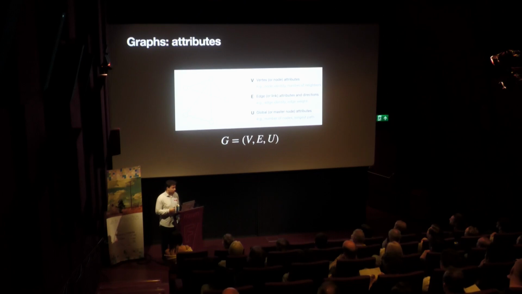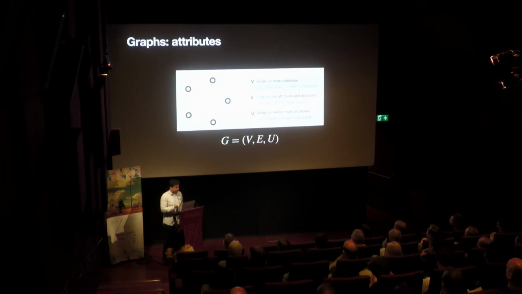Some edges can also have an identity or weight. Maybe a certain edge has a way bigger weight than another. Think of bindings in biological structures, where we can have maybe 3 or 4 bindings, and some global attributes. So what's the longest path, for example, in a network?